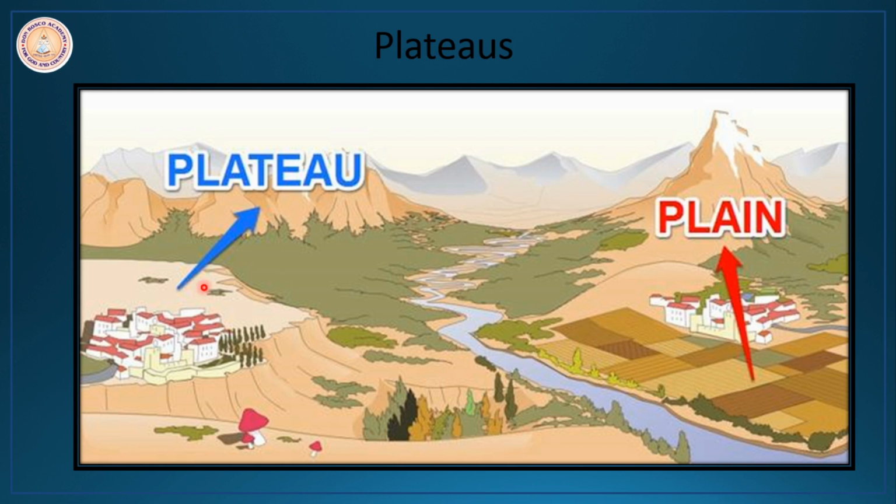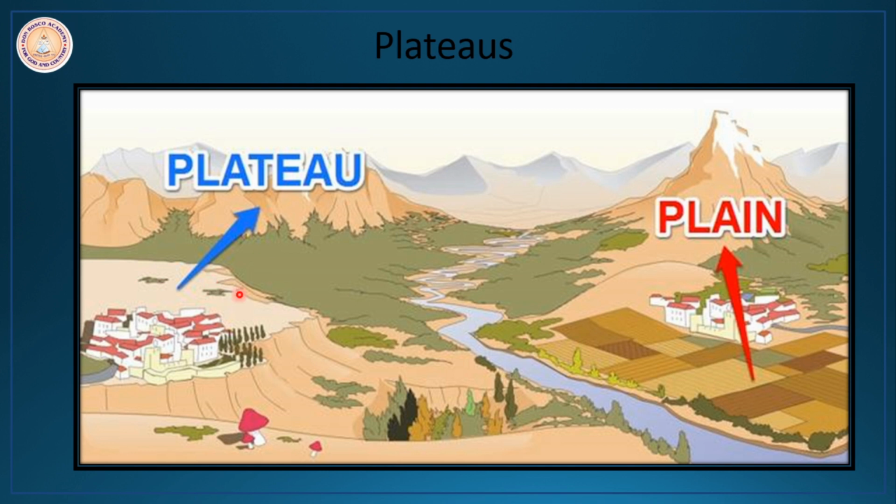The top surface of a plateau may have a plain land or rolling hills. Some plateaus have some rolling hills, that is, they are undulating, not completely flat.